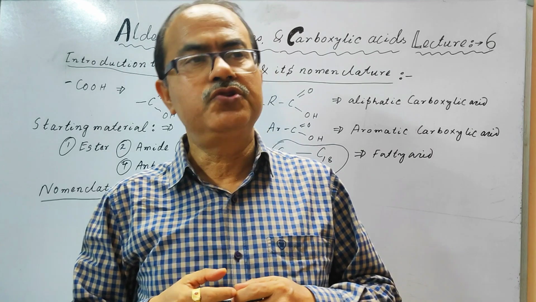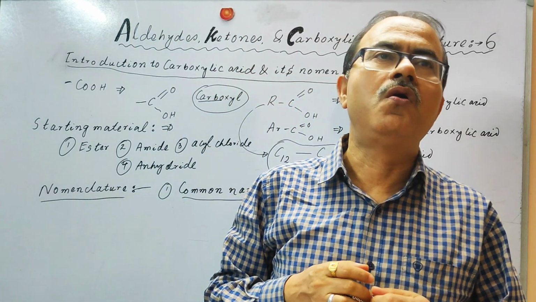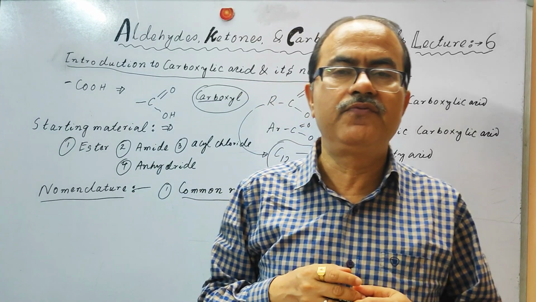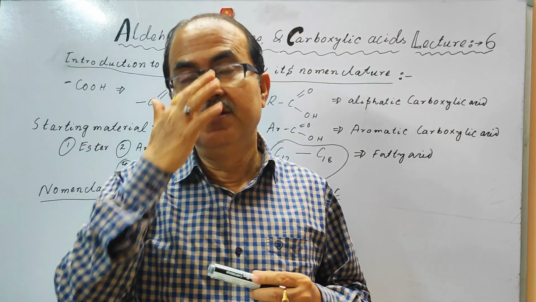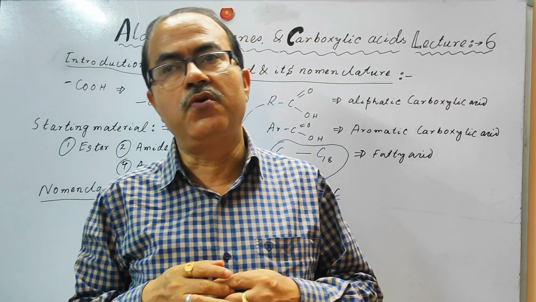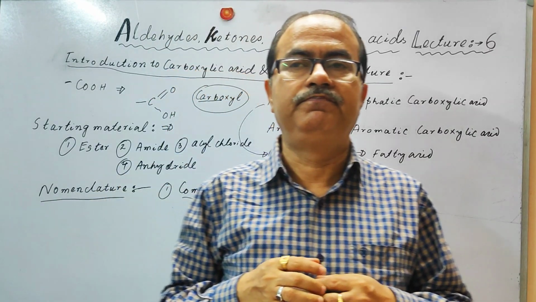As the carboxylic acids are among the earliest organic compounds isolated from different natural sources, they have been named and are famous for their common names.